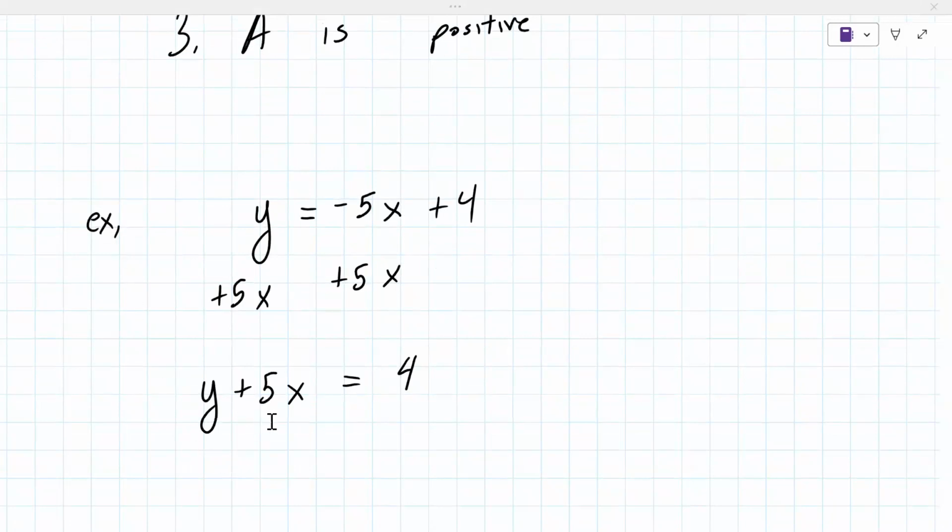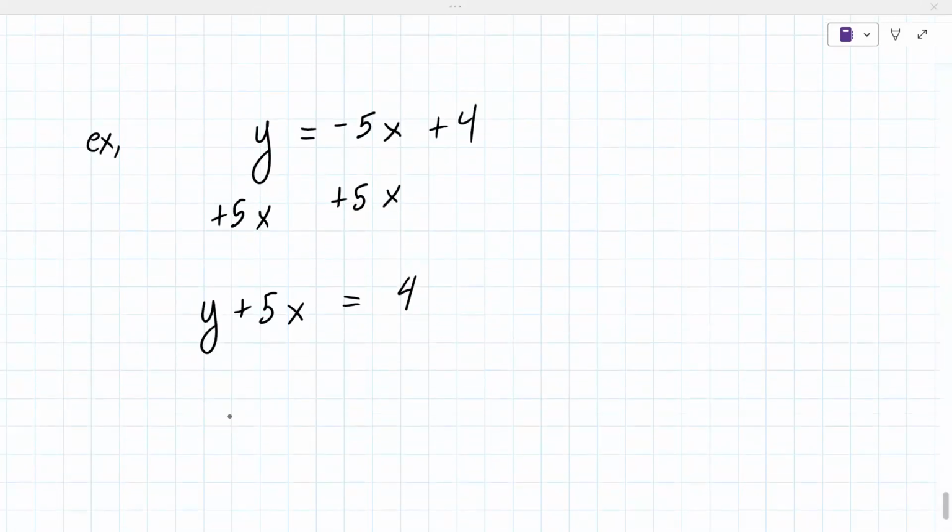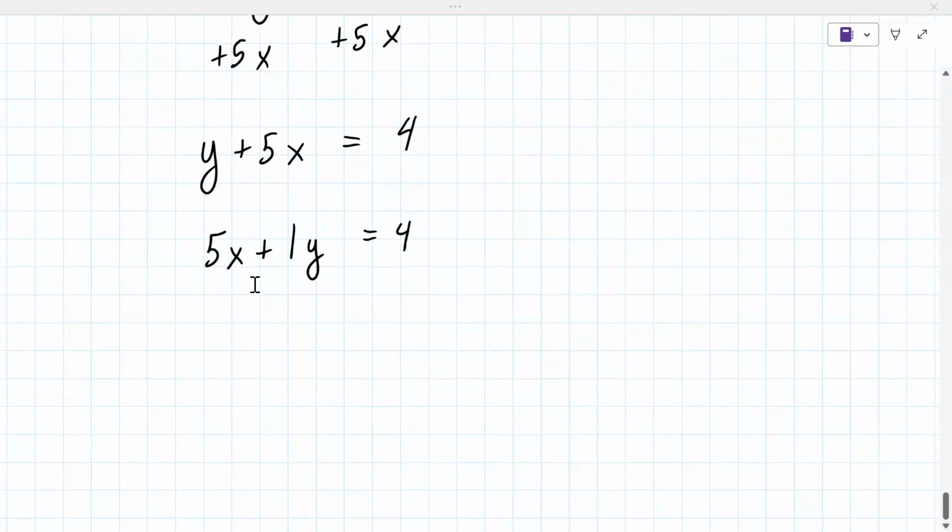Now, you also want the order to matter. So it's really got to be 5x plus y equals 4. Typically, the x comes before the y. You can put the 1 in front of the y and go this direction here.